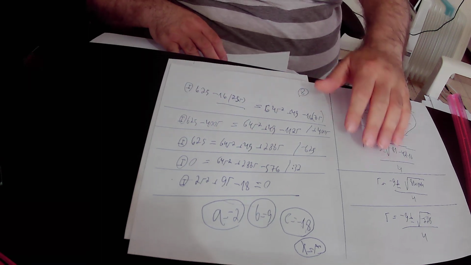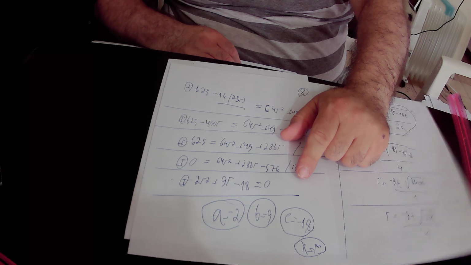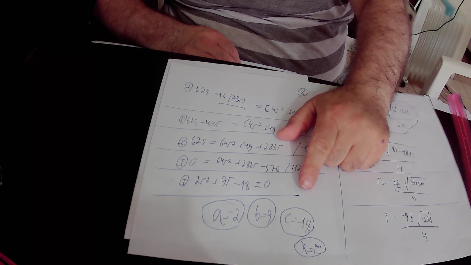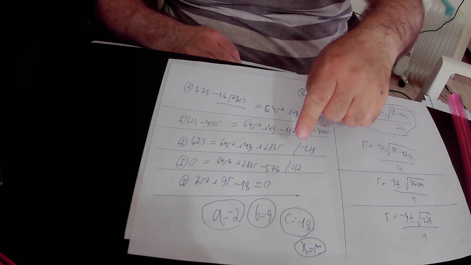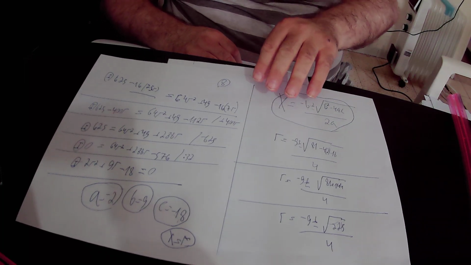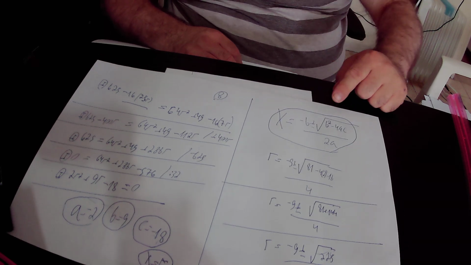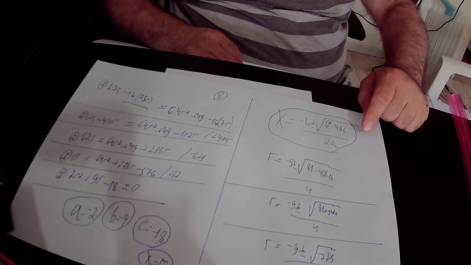In this quadratic equation, the coefficient a equals 2, the coefficient b equals 9, and the coefficient c equals minus 18. And the variable that we are looking for in this quadratic equation is r, so x equals r. And the general formula to solve the quadratic equation is x equals minus b plus minus square root of b squared minus 4ac, over 2a.